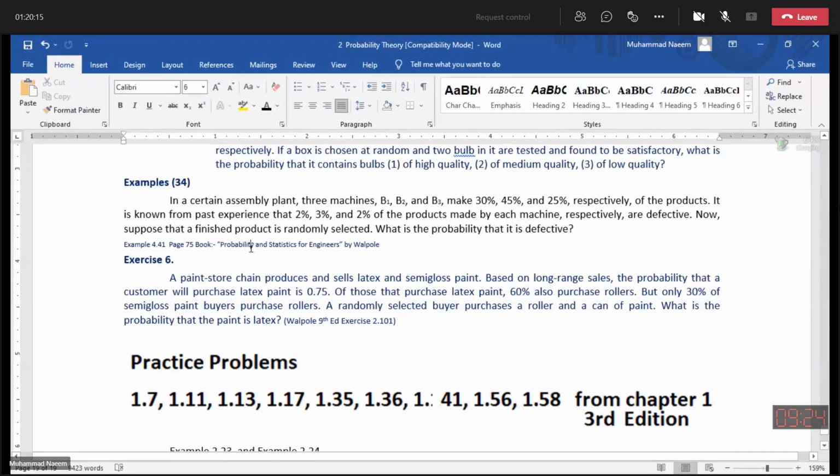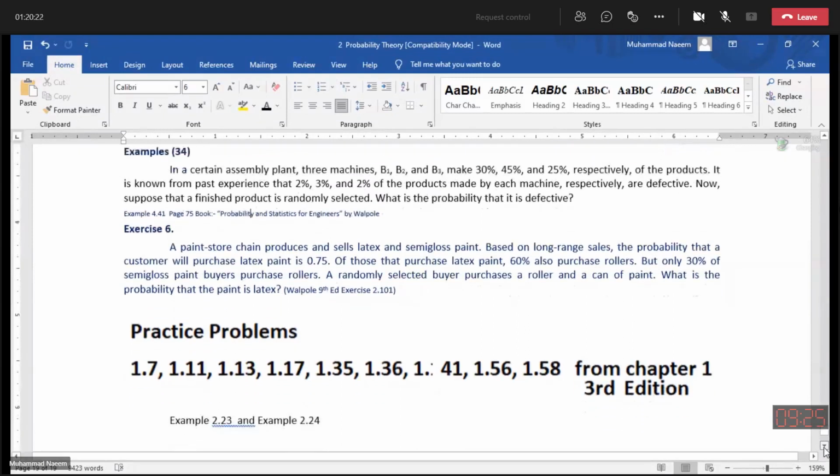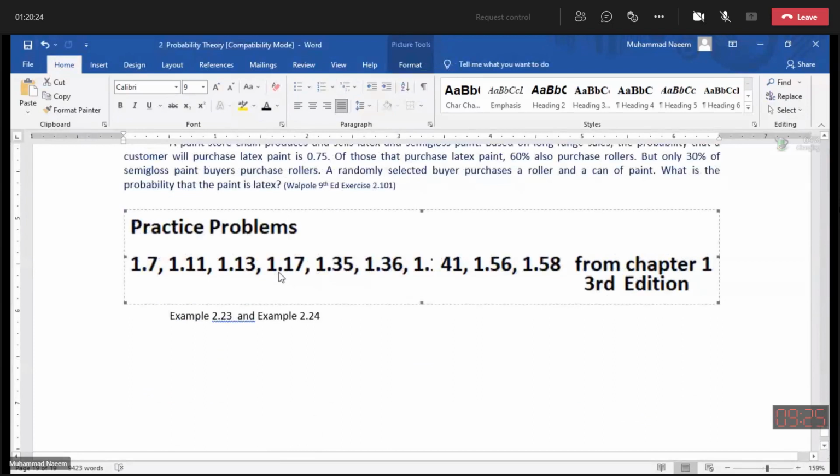I have also given the reference of these problems. And finally, practice problems from the book, but let me check these problems. These are in Word first, and then I will assign you.